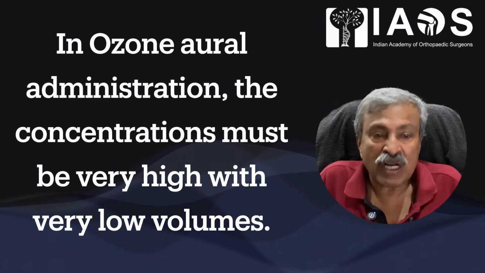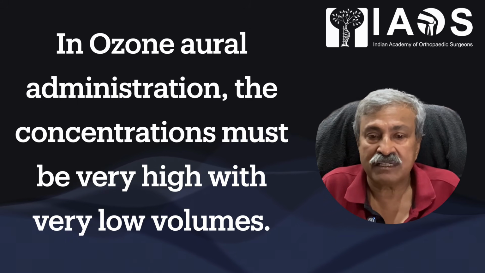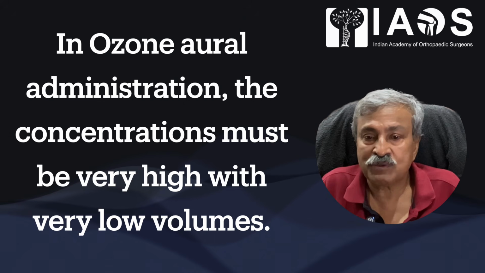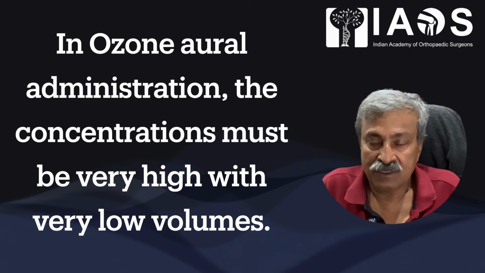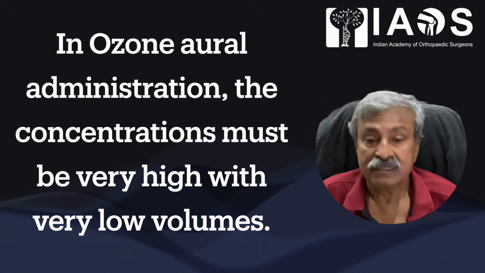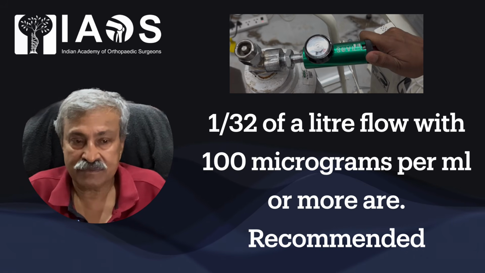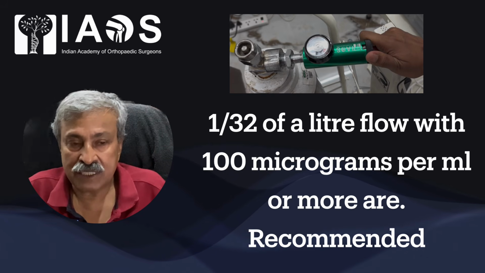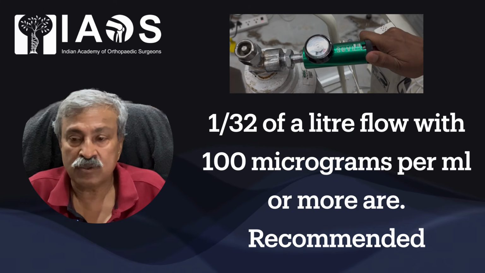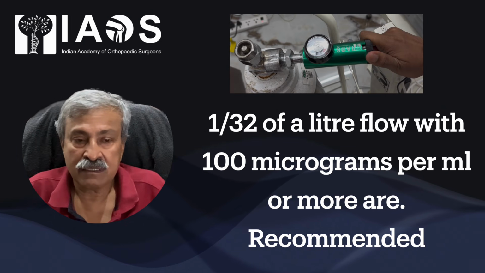In intra-aural ozone administration, the concentrations must be very high with the volumes very low. 1/32 of a liter or 1/16 of a liter is a normally acceptable flow rate, and we aim to get about 100 to 125 micrograms per ml in a minute.